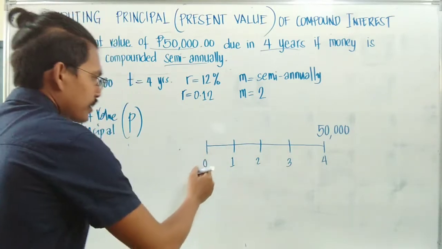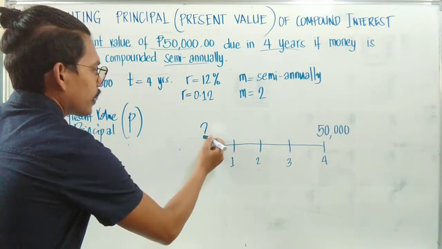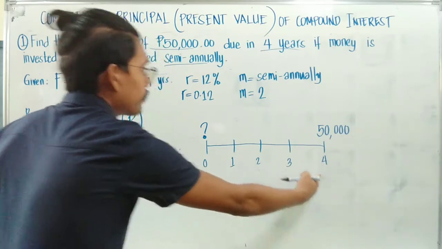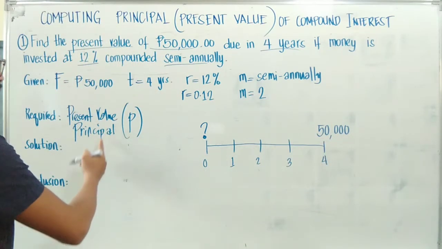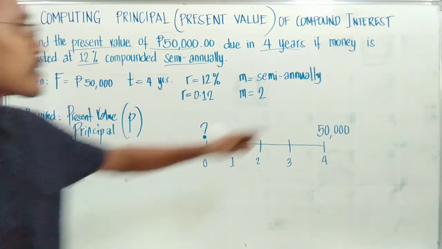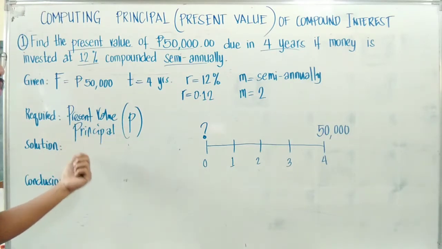Then, the question is, what is the amount of money from the starting point? Because at the end of the duration of your investment, you will have 50,000. So that will be your present value. So in your simple interest, because now we are on compound interest, your present value is known as your principal.